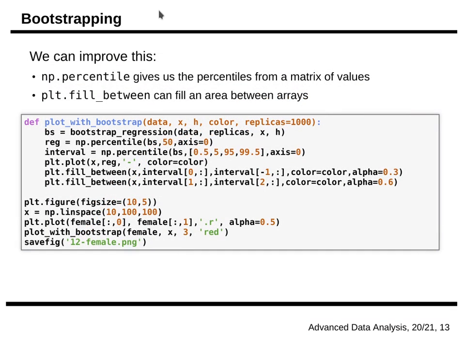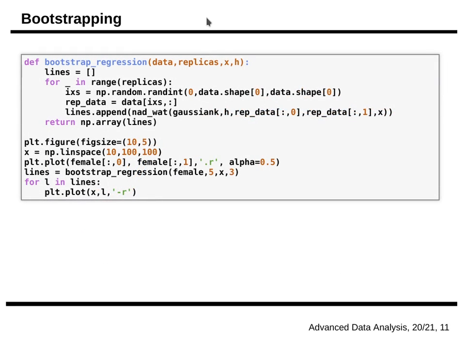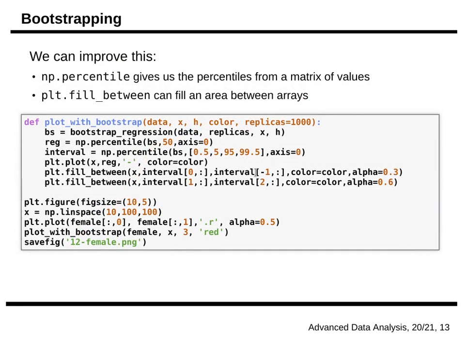So let's improve this. We're going to use the percentile function from NumPy, which can give us the percentiles from an array of values. It can be a matrix, for example. So in this case, we're going to compute this bootstrap regression. We're going to use this function here, but by default we ask for 1000 lines, so using 1000 replicas.